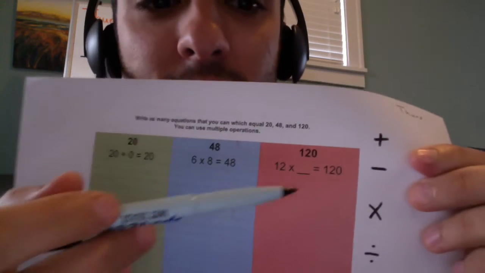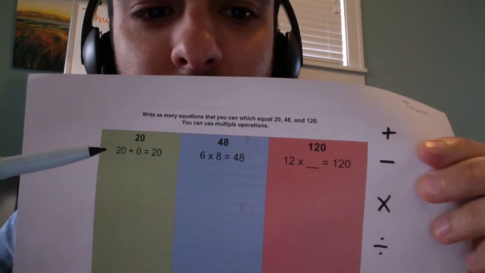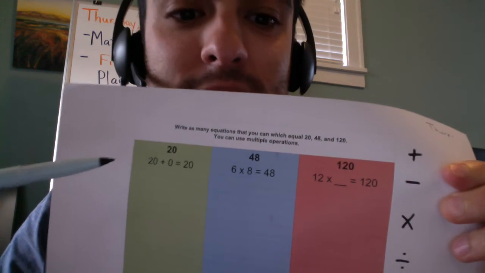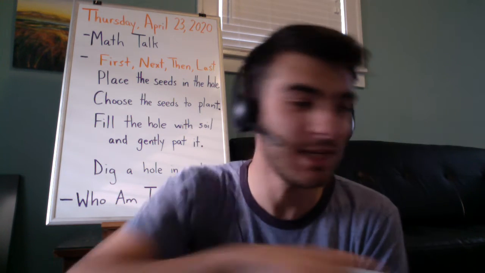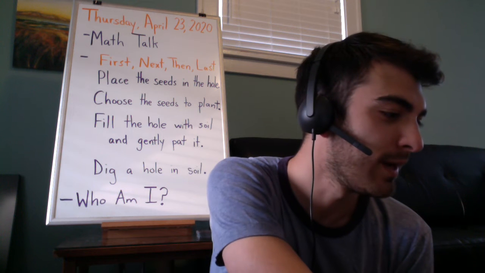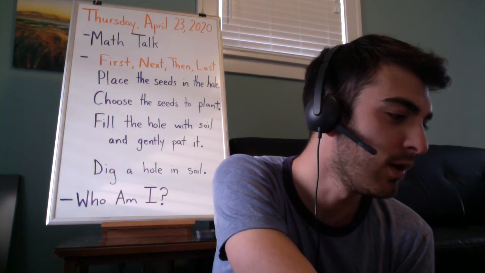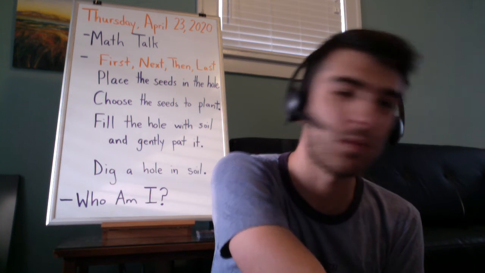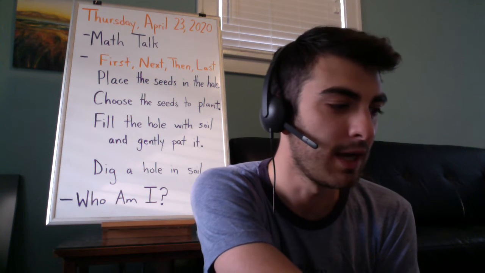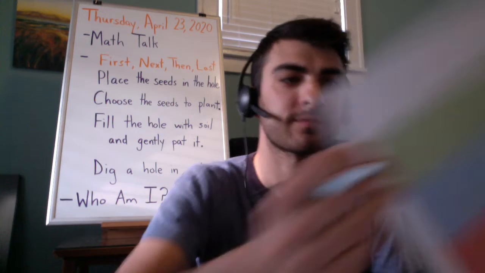So for 20, well, 20 plus 0 equals 20. Can you think of a subtraction equation that equals 20? That was an addition. What about 21? You start with 21. What do you need to take away to get to 20? 21 minus 1.